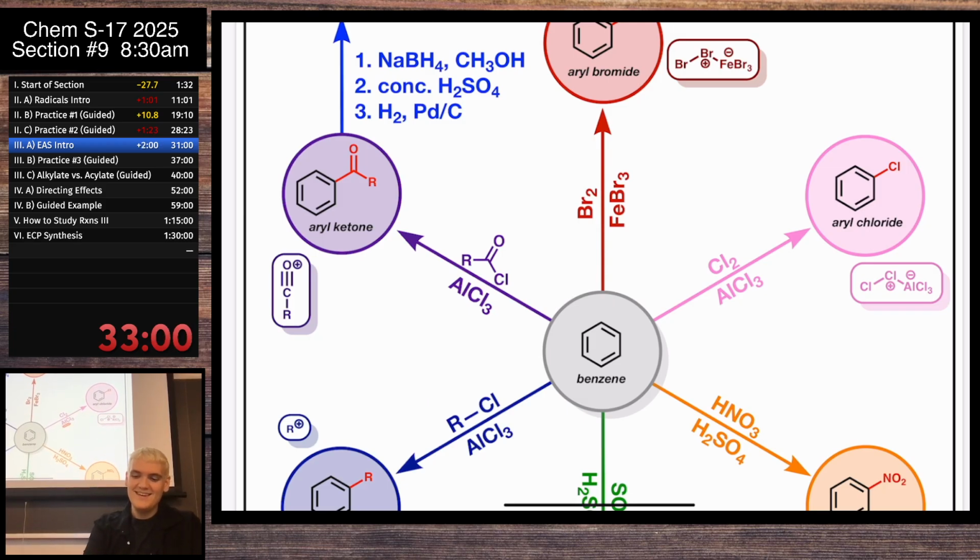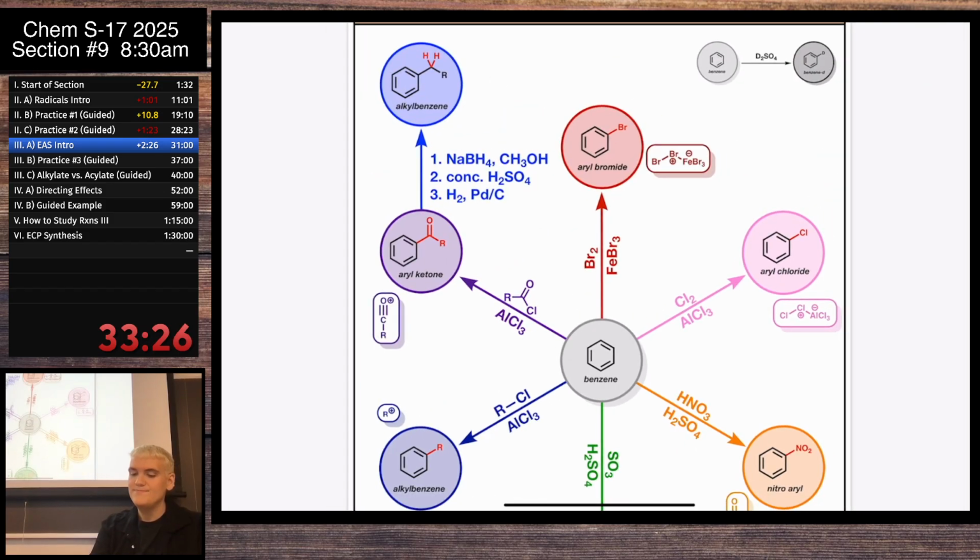And then for this one, I don't have mnemonics. I'm trying to make one up on the spot, but I don't have one. It's bad. It can also be FeCl3 and AlBr3, I believe, but these are the most common ones, so that's why we have it here. But it does feel like another thing to memorize because it kind of is.